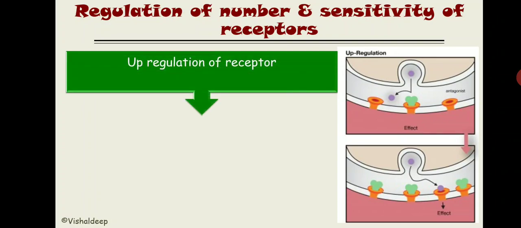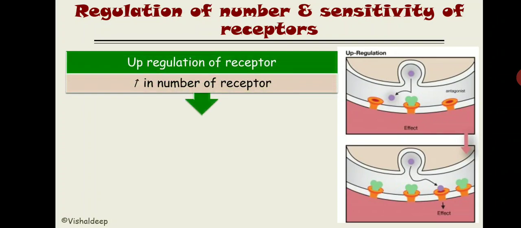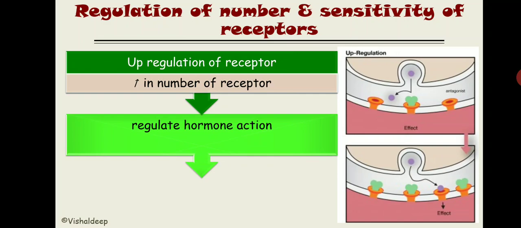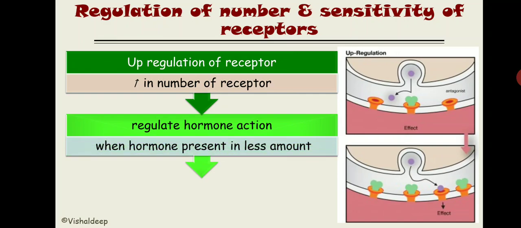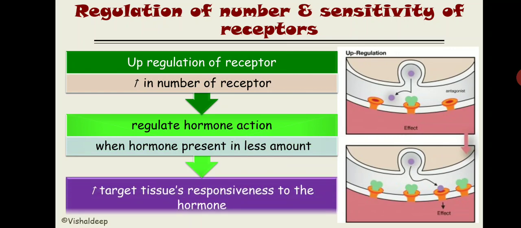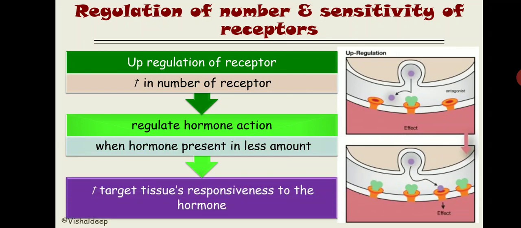So up regulation of the receptor is basically an increase in the number of receptors. It regulates the hormonal action when the hormone is present in less amount, so it increases the target tissue responsiveness to that particular hormone. Got it?